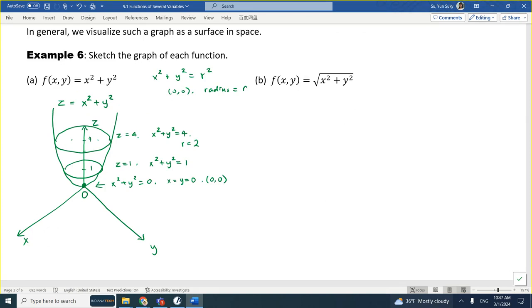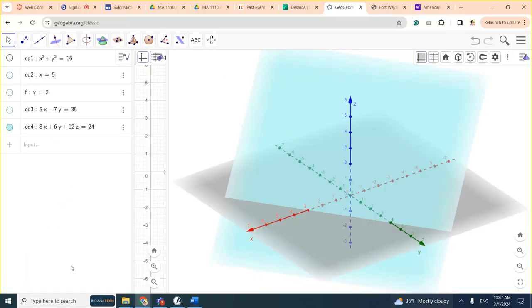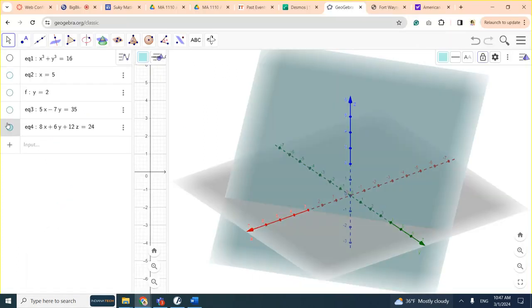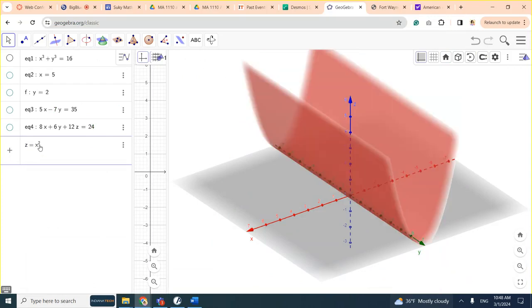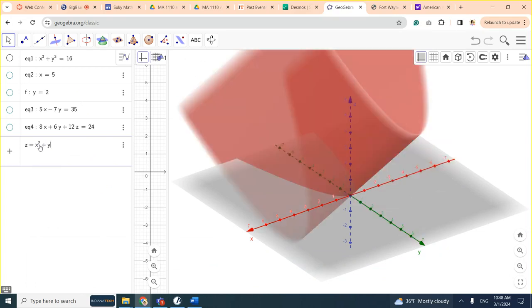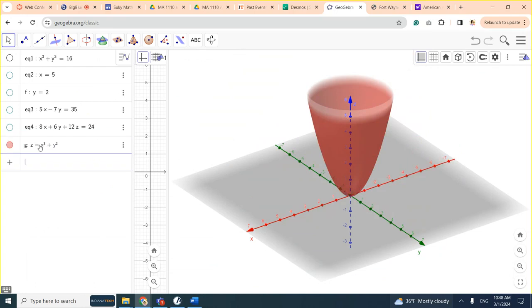Now let's use GeoGebra. So in GeoGebra, we have z equals x squared plus y squared. See, the x squared is just a parabola and it's parallel to the y-axis, and then plus y squared. Yes, this is the paraboloid.